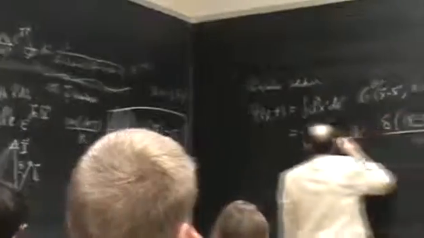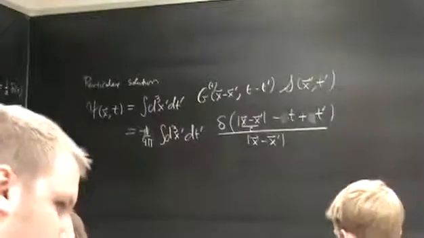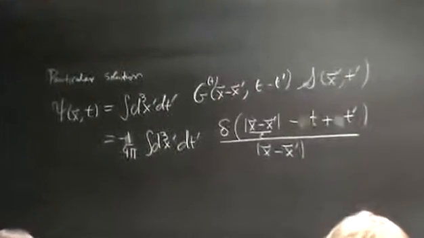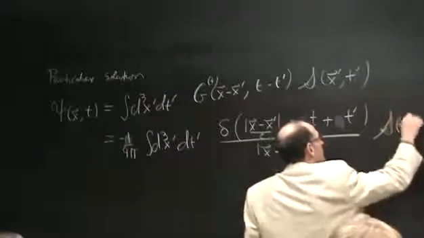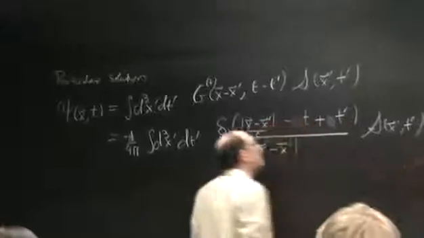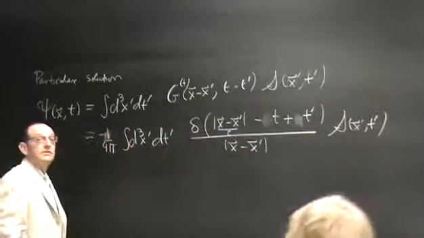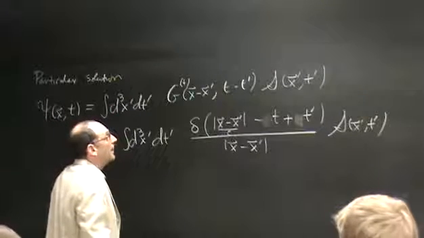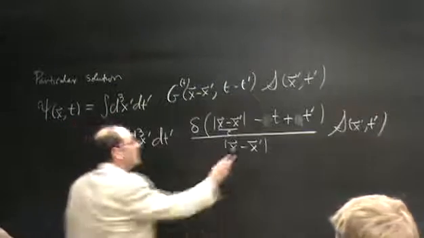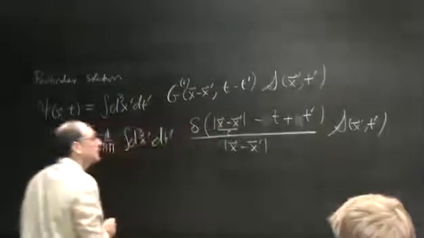Let's see. So this gets multiplied by the source. Now we can do the integral over t prime, and t prime is equal to t minus this.